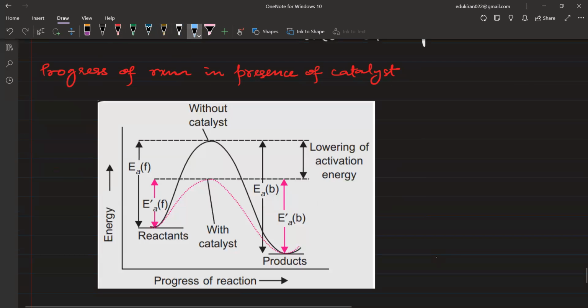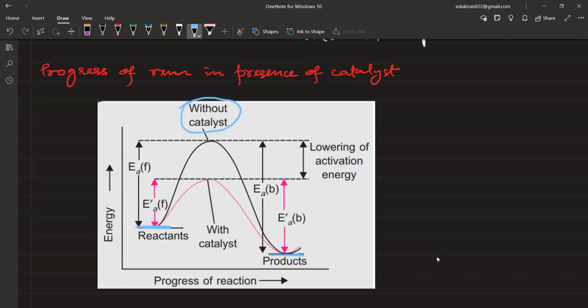Now start slowly. There are many things happening here, but you can start slowly. First of all, this is the average energy of the reactant. This is the average energy of the product. So that is not changing. Obviously, that is not changing. Now, this black line is the reaction without catalyst, as you can see here.